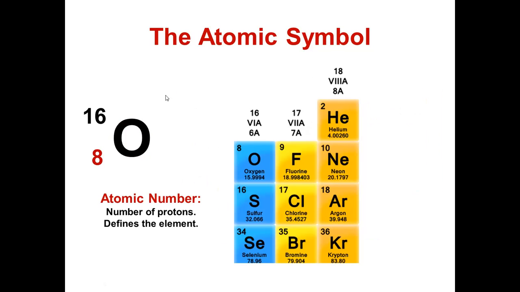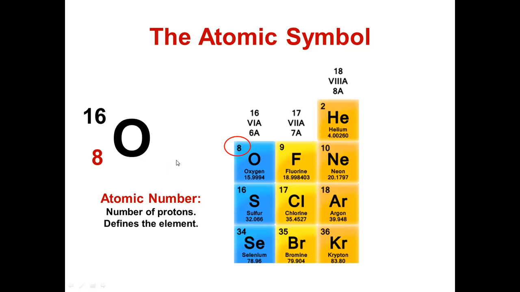So next, we have the subscripted 8. And if we zoom in on the periodic table, this is what represents the atomic number. We can see it here in the top left-hand corner of the box, and each element has a different atomic number. And that's because the atomic number represents the number of protons.